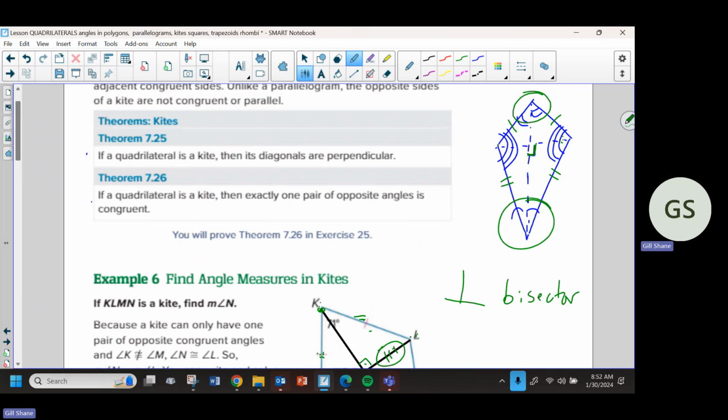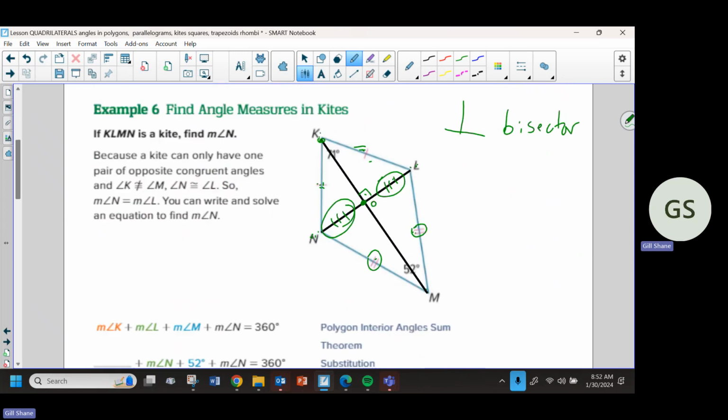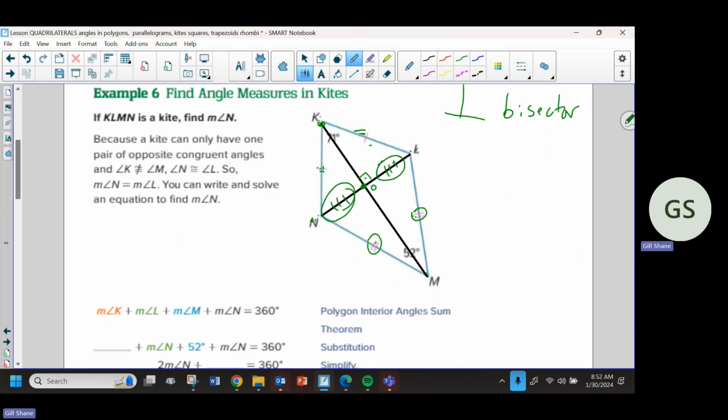You can just memorize it. If you understand all of that, you don't have to memorize. If you don't understand that, then you need to memorize what happens here, and that all of those sides are congruent in that picture. It really will never be these two that are congruent, because then it would be a rhombus. We wouldn't really call it a kite.